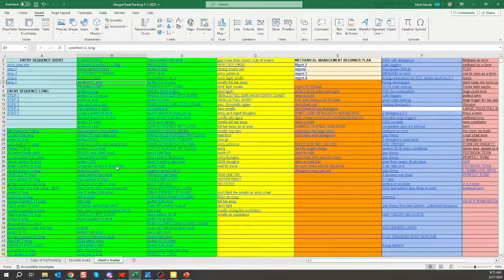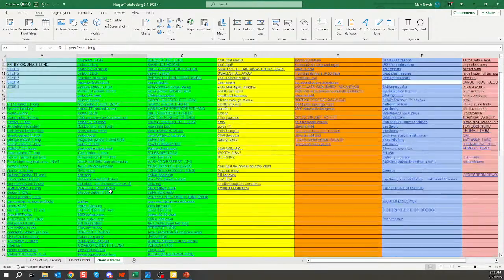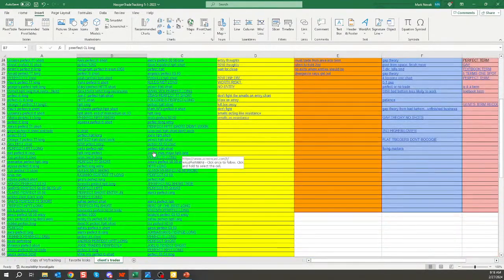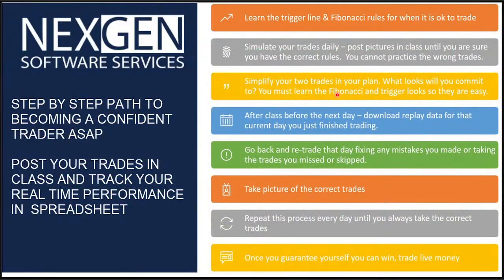That recognition is also going to come, guys, from all the pictures that I've given you in the spreadsheet. This is just Nexgen users using the software, taking advantage, finding beautiful trades. The idea is that you've got to know what it looks like when the market is still, and it makes it easier to catch it when the market is moving.